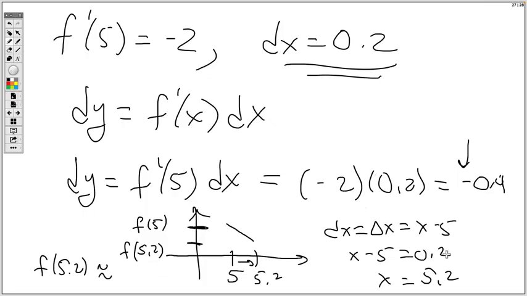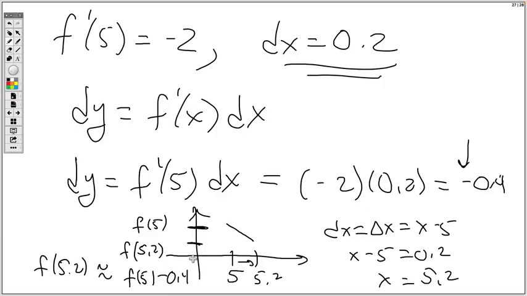It's going to be roughly 0.4 less. Make sense or not, folks? The slope's negative 2. I'm moving over 0.2 units. That means on the tangent line I've gone down 0.4 units. Since the function is differentiable, that means it's locally linear, so the actual value of f of 5.2 is going to be roughly 0.4 units lower than f of 5. Do you see what's happening with the picture?